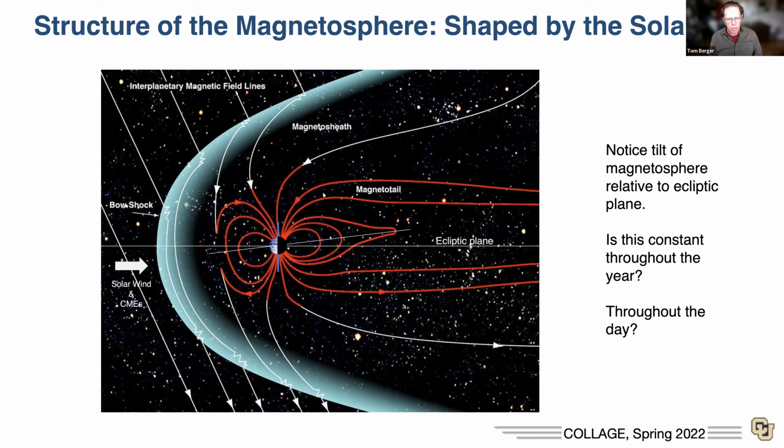But the main thing to keep in mind is it's swept back into a very elongated structure with what we call the magnetotail back here. So again, if it were just a dipole field, it would be these nice dipolar elliptical structures. Instead, we have this extremely drawn out magnetotail structure, which will play into how this interacts with the solar wind to cause space weather and geomagnetic storms.